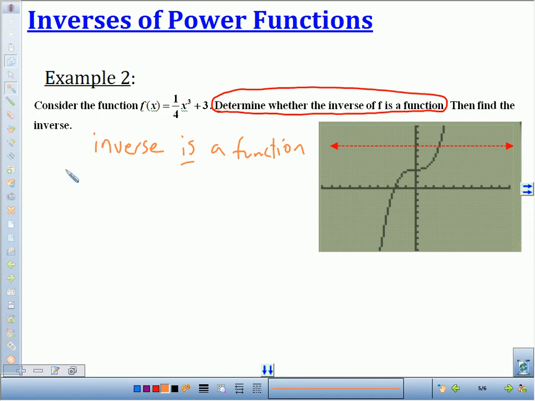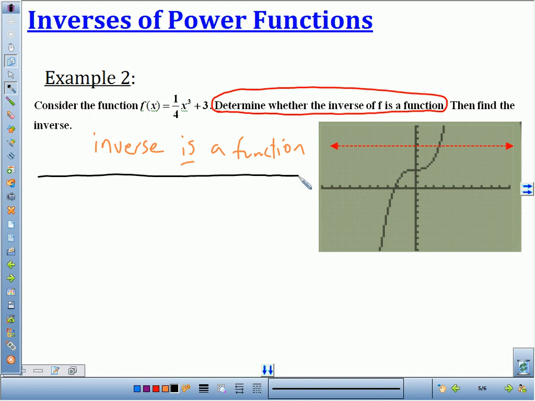With that in mind, we want to find what the inverse actually is. And we start that the same way we start all of them. Here's our original function, 1/4 x to the third plus 3. We're going to replace f of x with y. So we get y equals 1/4 x to the third plus 3.